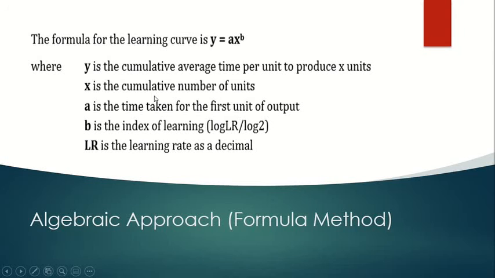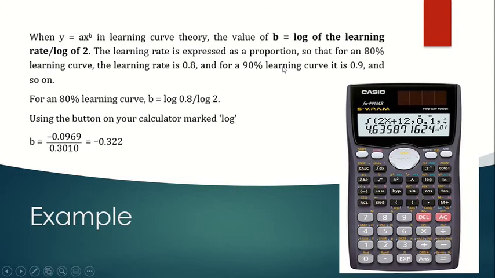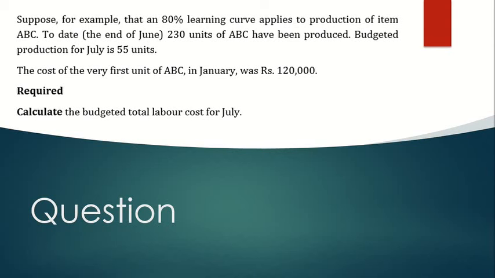So if we can find the b, automatically we can sort out this problem. b will be the index, we know how to find it now. X will be the cumulative number of units, a will be the first unit time requirement, and y will be our output, the cumulative average time per unit. Okay, so we'll move to an example.